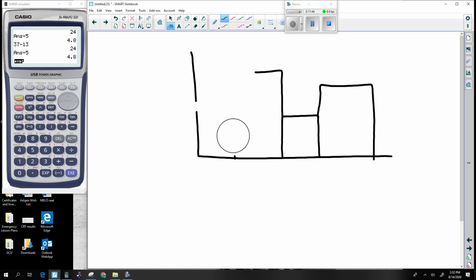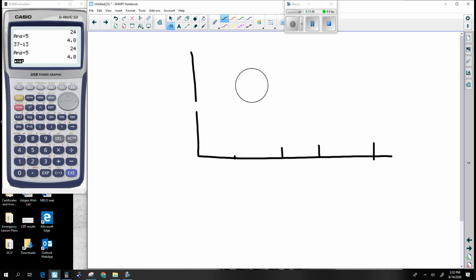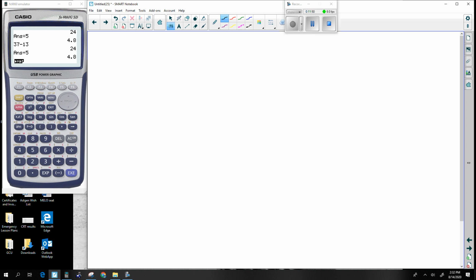So what does that mean? Think of this bottom line as being a number line. This is the number 13. Then we have 14, 15, 16, 17, 18, 19, 20, 21, 22, 23, et cetera.